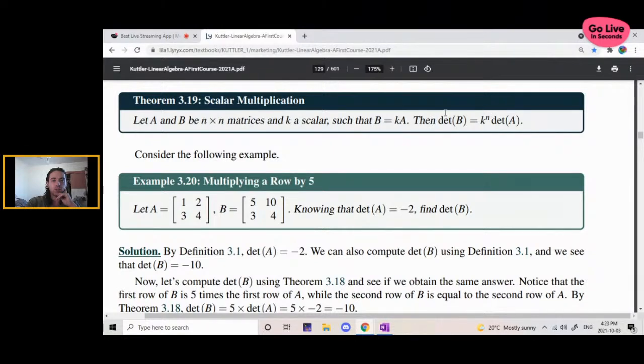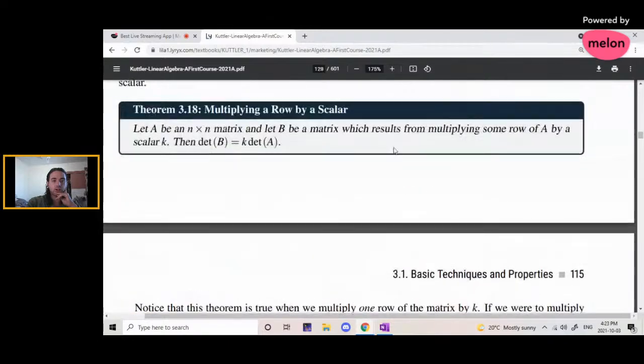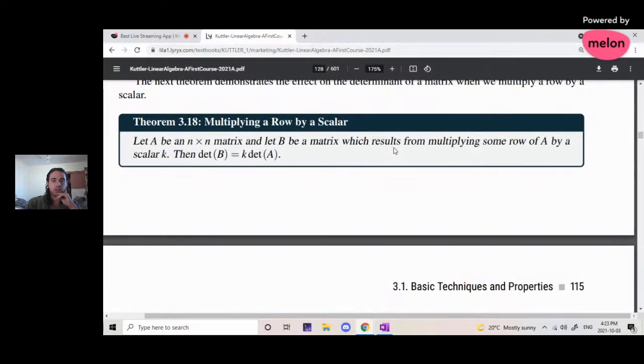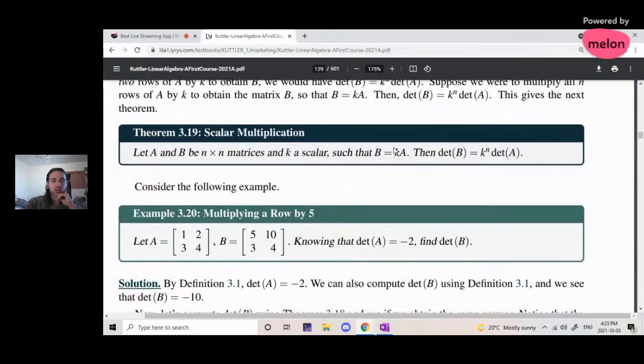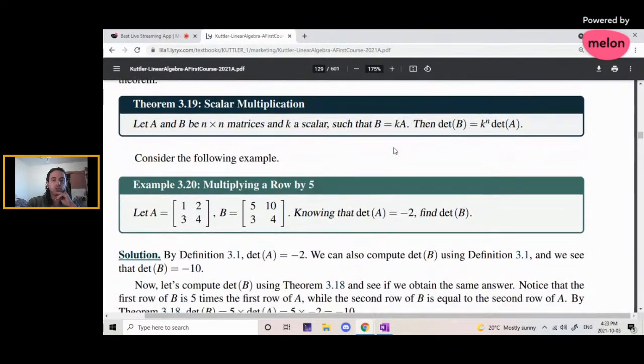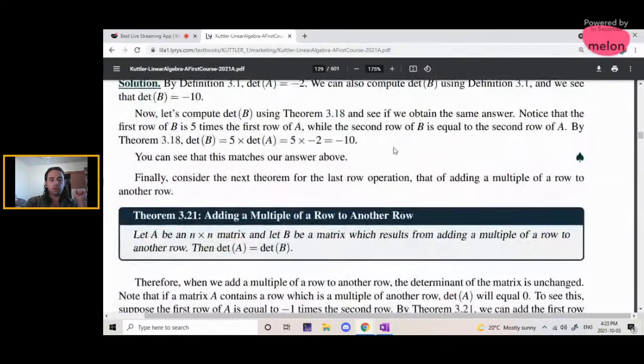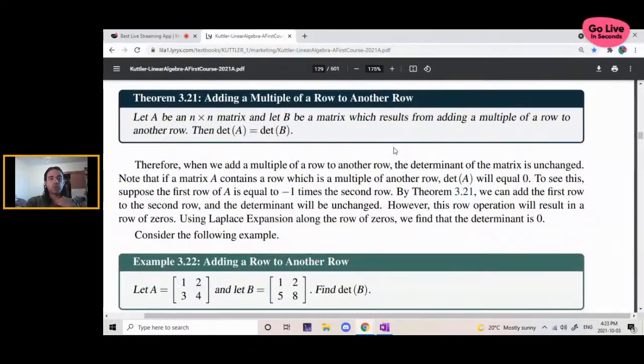And then finally, for the last row operation, scalar multiplication. Oh, hang on a second. Okay. Yes. Sorry. This is a generalization. We'll come back to that in a moment. But for the basic row operations, what we need right now is adding a multiple of a row to another. And this is an interesting property because this one doesn't affect the determinant at all.